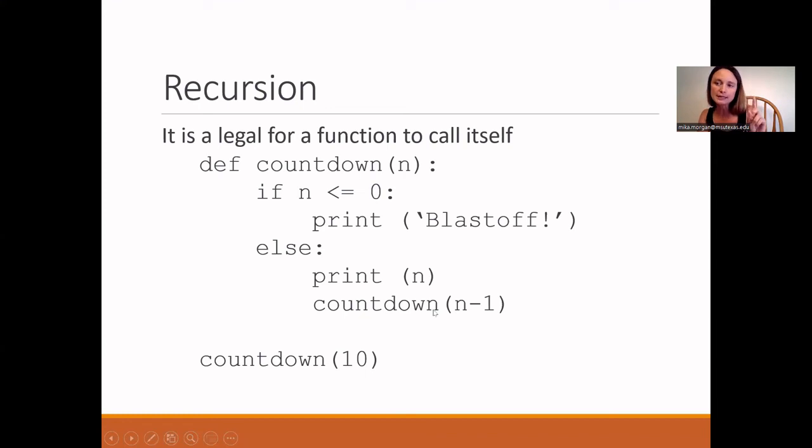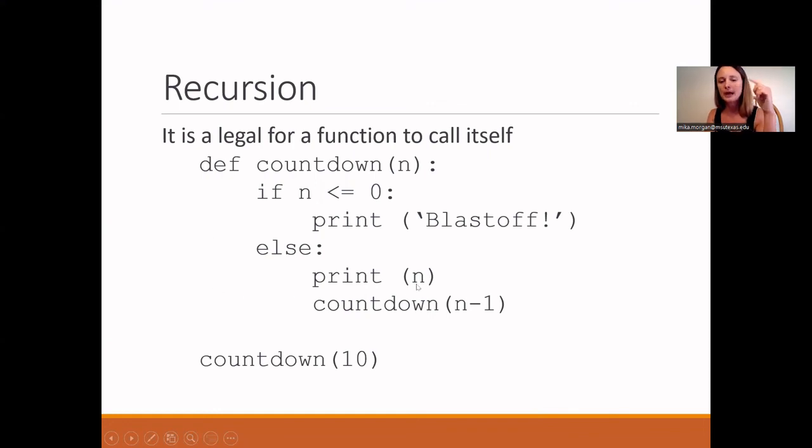But notice that I'm approaching the base case, right? If I'm going from 10 down to 0, my number needs to be getting smaller. So this time we call countdown with n minus 1. When I call this function again, I'm going to be passing in a 9.